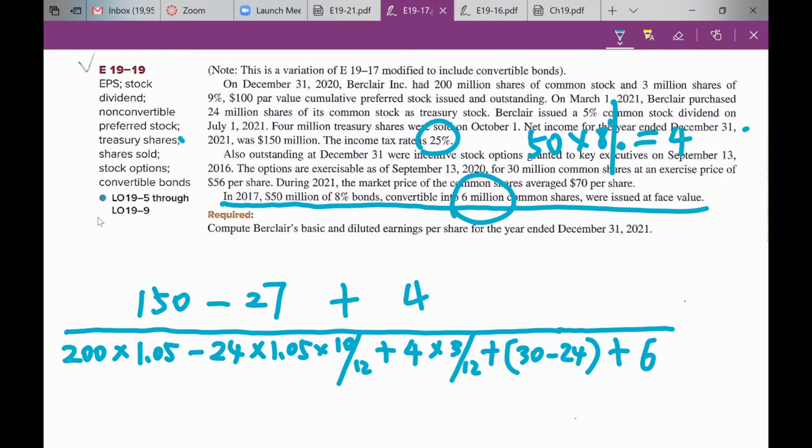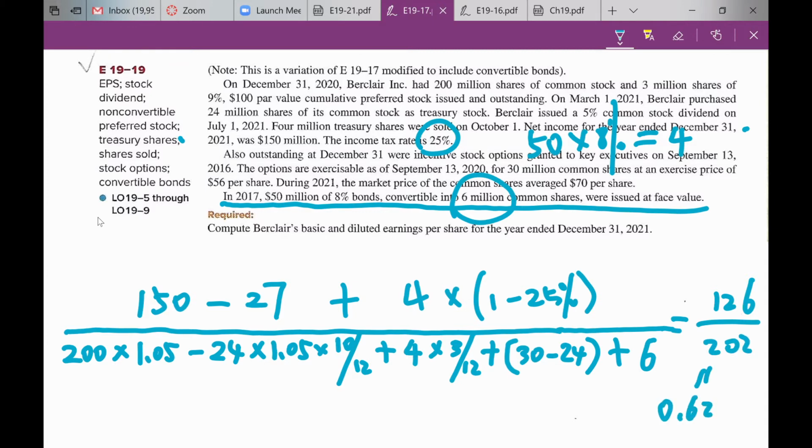But actually, when you have more earnings, you need to pay tax. That's why you need to multiply this by 1 minus 25%. That's the net of tax impact on earnings. Okay, so then we have 126 and 202. So you get 0.62.